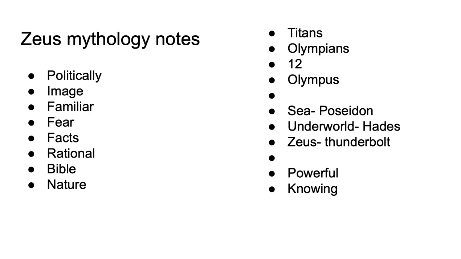He's also pictured, and I think this is the most interesting new thing I learned from this article, as having a lot of wives, because he's a combination of mythologies that came from a lot of different places, so it's a lot of different ideas of gods. When all these different people imported the ideas of gods, they kept adding, since all these other gods had wives, and so they kept adding it all in together.